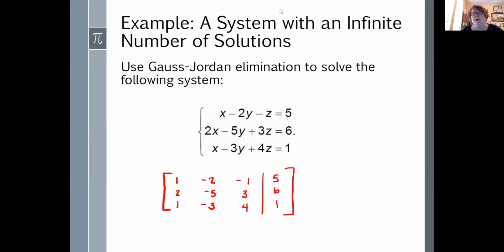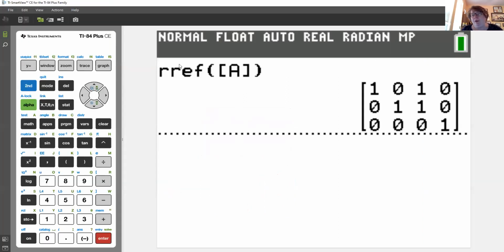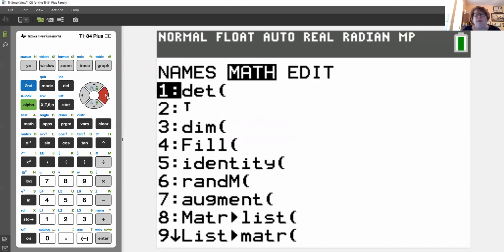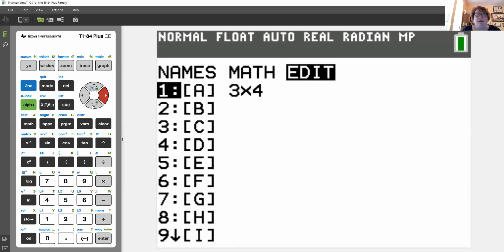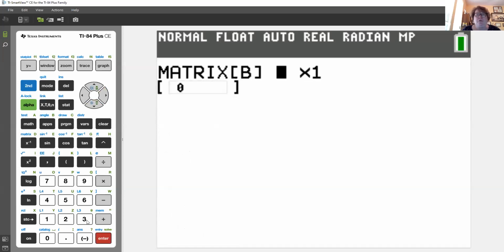So I'm going to put this augmented matrix in my calculator. Since I just put the previous matrix in matrix A, maybe I put this one in B. So I'm going to go to my matrix menu, over to edit, and down to B. I'm going to put this matrix in B. It's a 3x4 matrix, 3 rows, 4 columns.